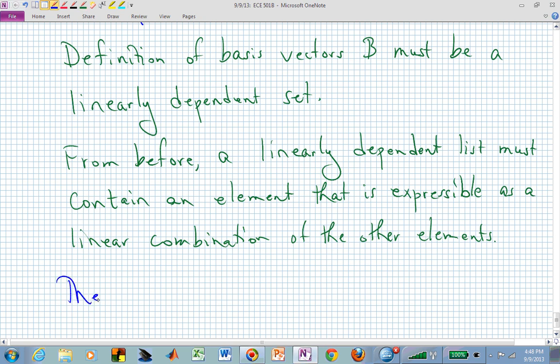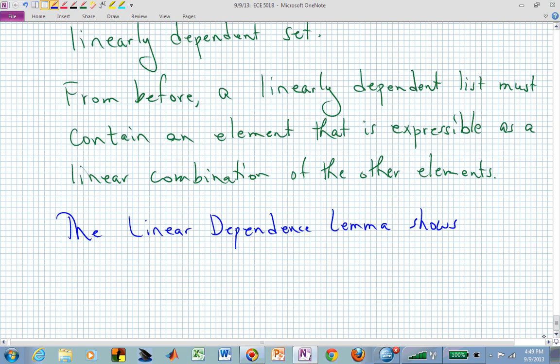So if we go back to our big lemma, which is this linear dependence lemma, what did that allow us to do? If we have a set of vectors that are linearly dependent, what can we do with that set and still preserve a given property of that set?